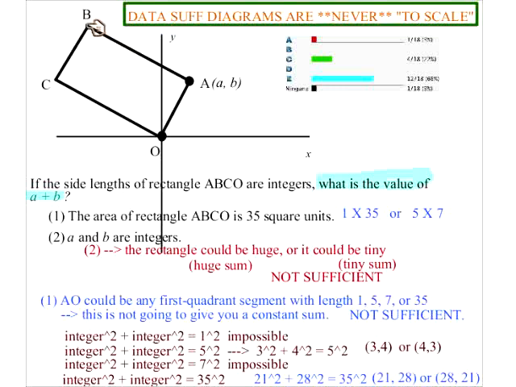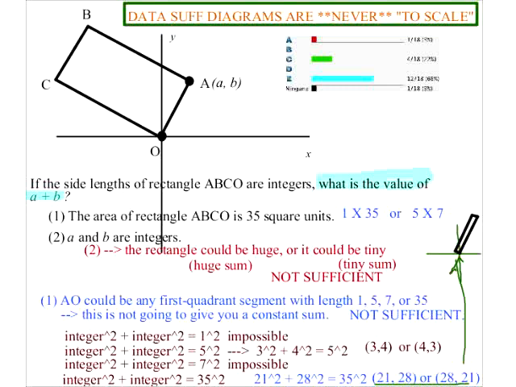Because if OA is 35 and AB is 1, there's no way that AB is going to get you into the second quadrant. We're running out of room to draw this, but if you have one of these two possibilities down here, then you're looking at a massively giant rectangle in this direction and a tiny side in the other direction. It's going to look like that.